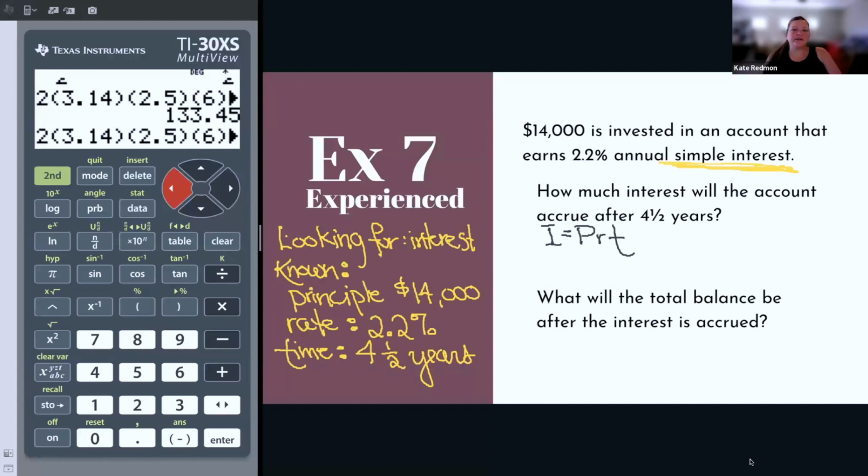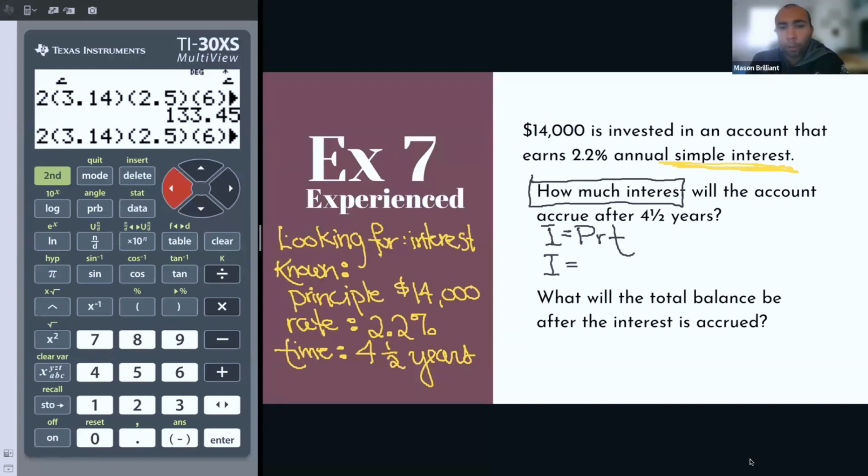Okay, let's do our substitution step. First, I would put the I equals. We do know the principal. I would first add the parentheses with the principal of 14,000. Another set of parentheses with 2.2%. Good. Thank you for keeping the percent sign.